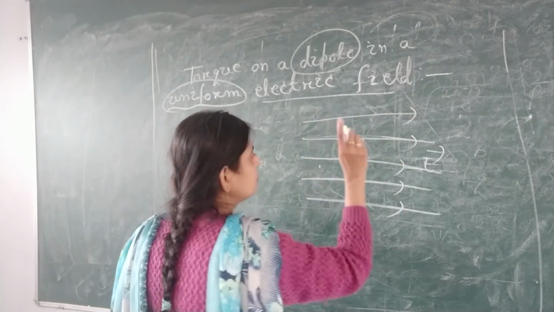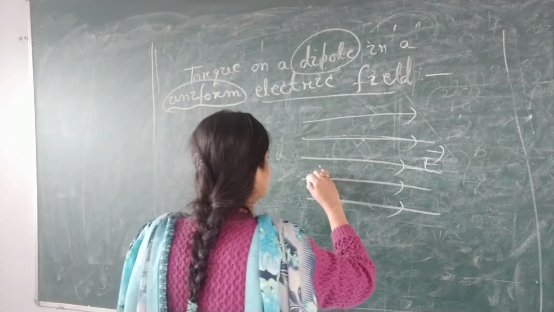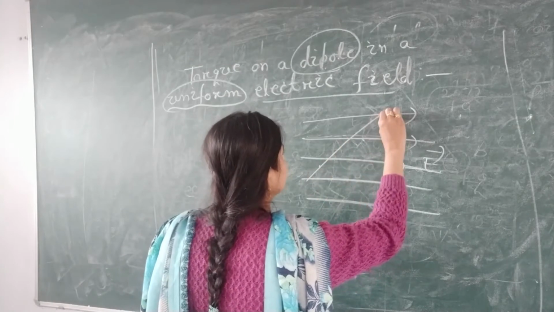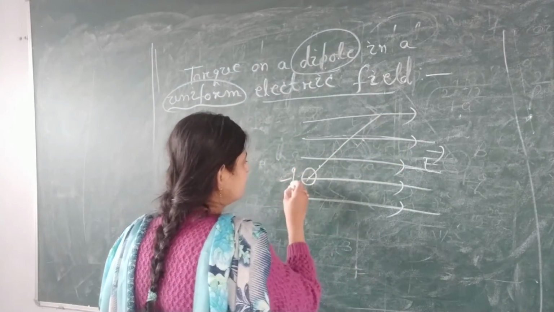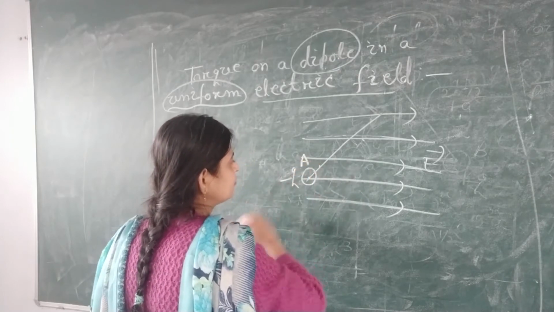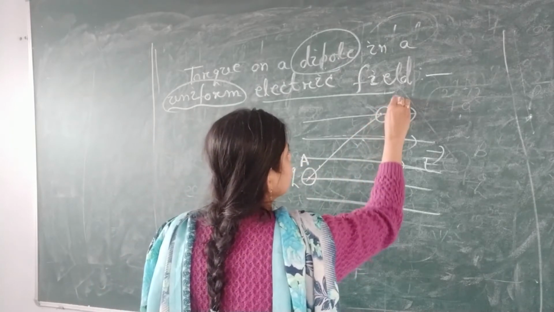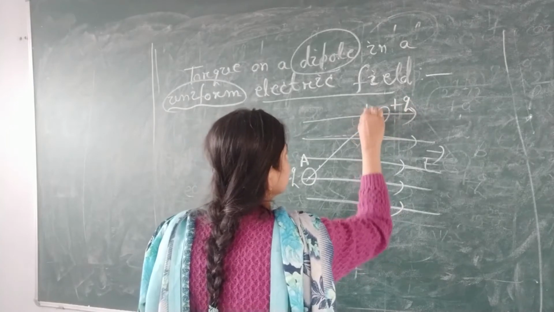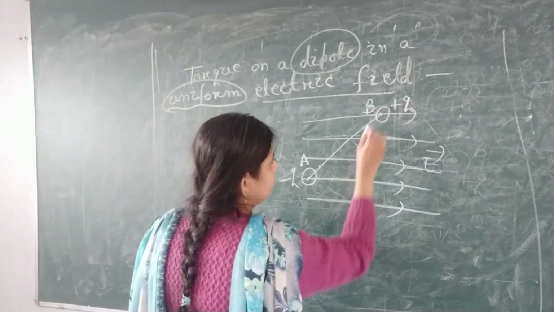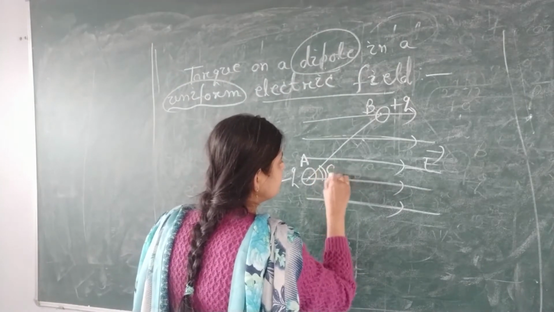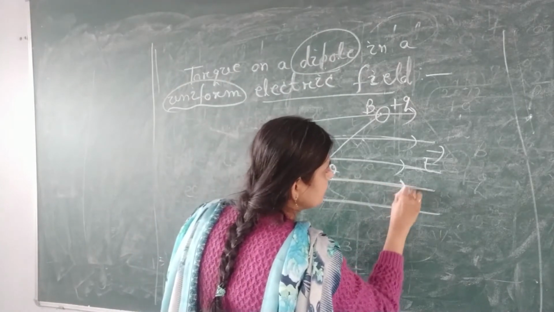Dipole means two equal and opposite charges. Suppose minus Q charge is placed at the point A and plus Q charge is placed at the point B, and the dipole makes an angle theta with the electric field.